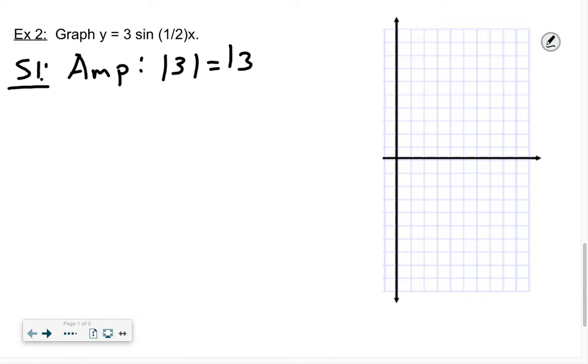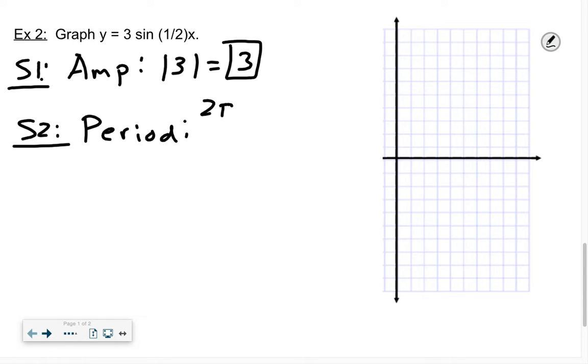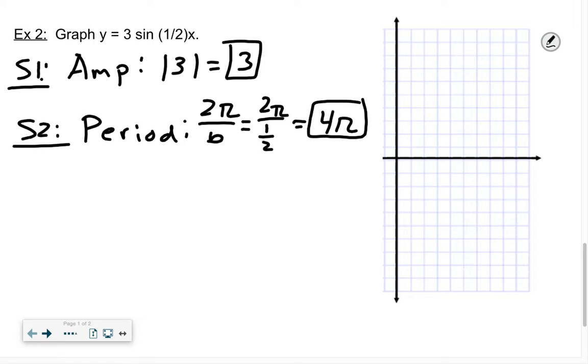So the absolute value of 3 is 3. Easy enough. Find the period, I need to take 2 pi and divide it by b. B value in this case is a half, so we need to be careful here. Complex fractions multiply by the reciprocal, which is 2 over 1, therefore my period would be 4 pi. Everybody okay with that idea?